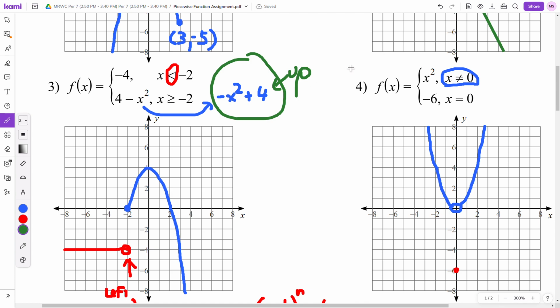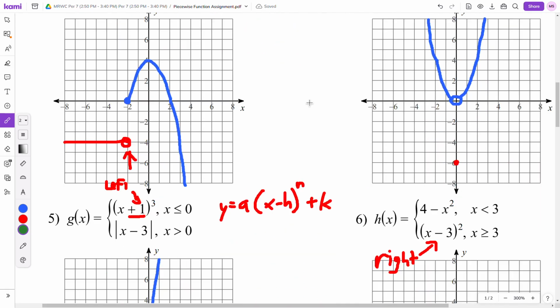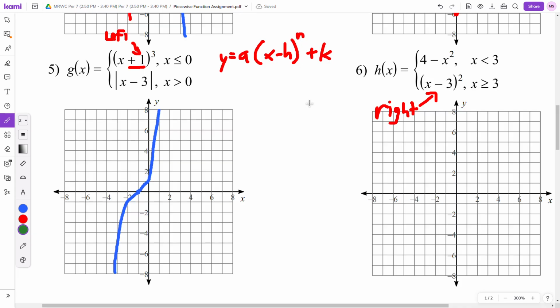If it's on the outside of the x with the exponent, then it moves it up or down, and positive means up and negative means down. So for us here, it's inside the parentheses, so that moves it left or right. And in this particular case, on number 5, it moves it left because it is positive. Left. And that's how we knew that that one was there.